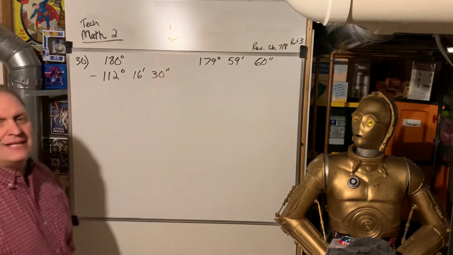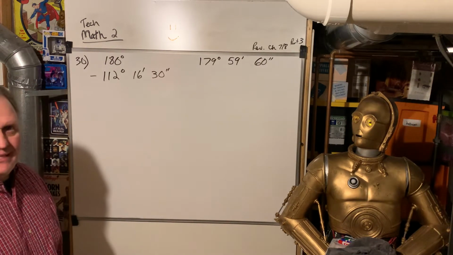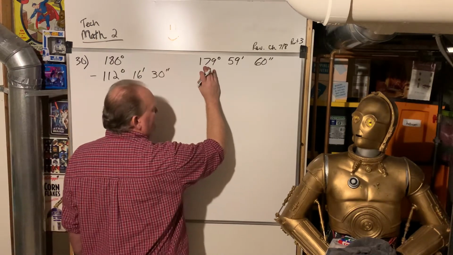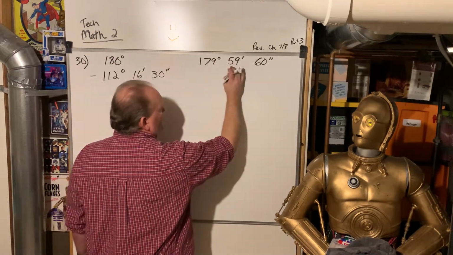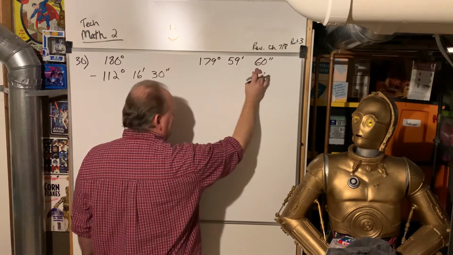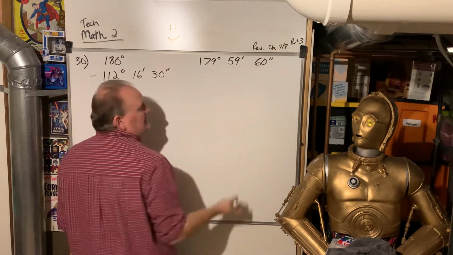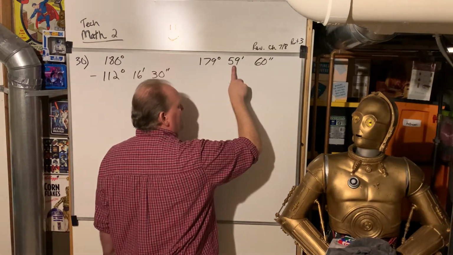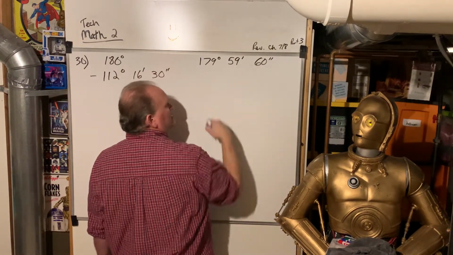Just think of it as time. We have seconds and minutes and hours. If I said 180 hours, I could also say 179 hours, 59 minutes, 60 seconds, and it means 180. Because that second is actually 1 minute, that minute is actually 1 hour, or in this case, a degree.